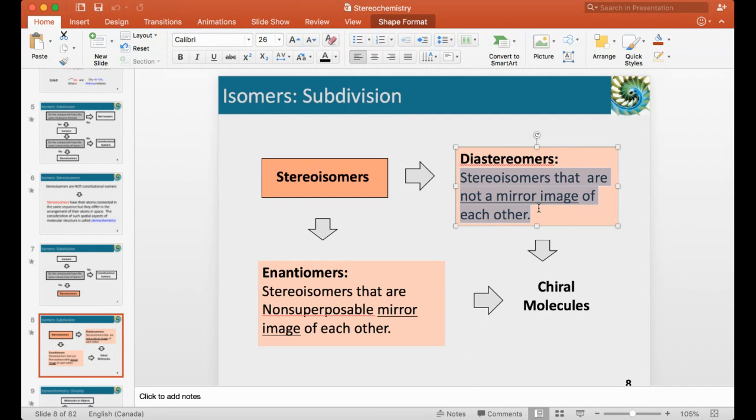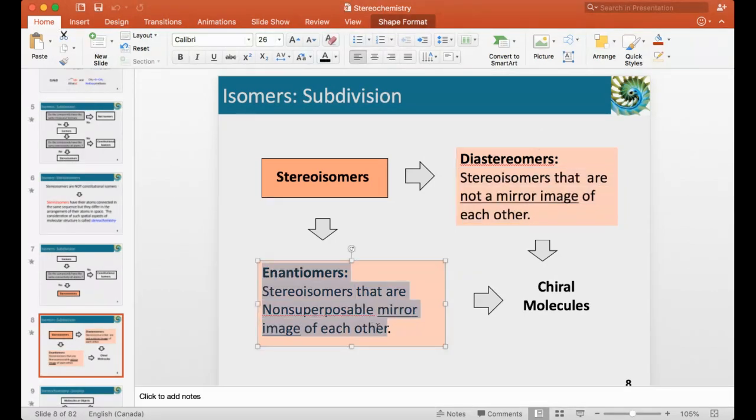Molecular structure differences in between them will be noticed in different methods that chemists use to determine molecular structure, like mass spectrometry, nuclear magnetic resonance, and techniques like that.